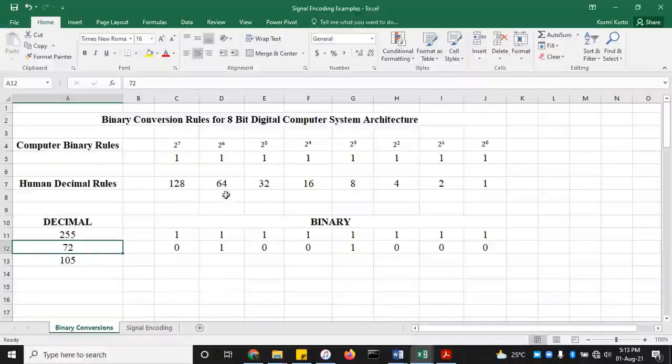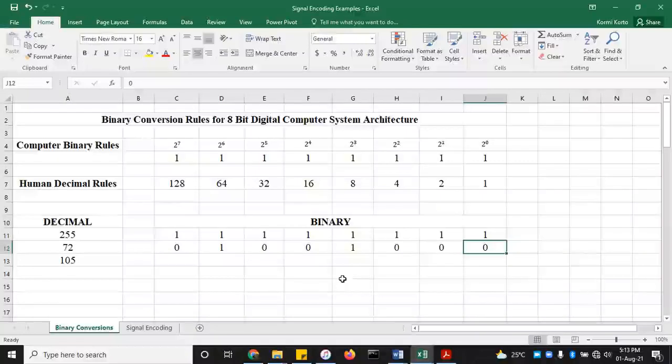It has to be 64, so the seventh bit has to be on, and then the fourth bit has to be on as well. So that's why you have 1 over here. And when you add them up, 64 plus 8 gives you 72. So the binary becomes 0, 1, 0, 0, 1, 0, 0, 0.